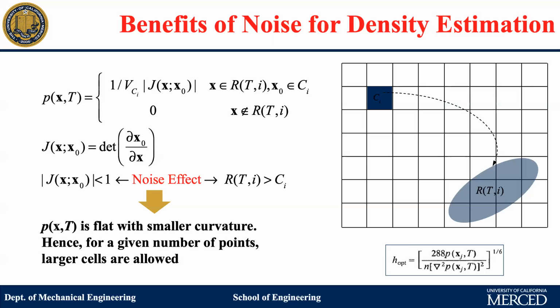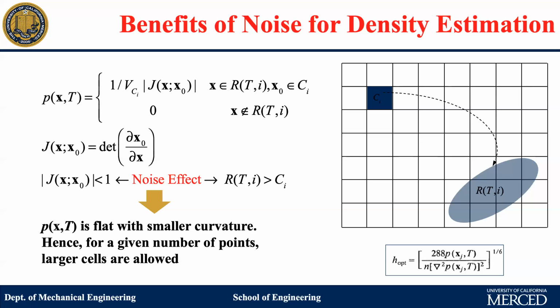The message is very simple. When the density is kind of flat with smaller curvature, then you can use relatively large cells for a given number of data points you have. So that is actually computationally advantageous.